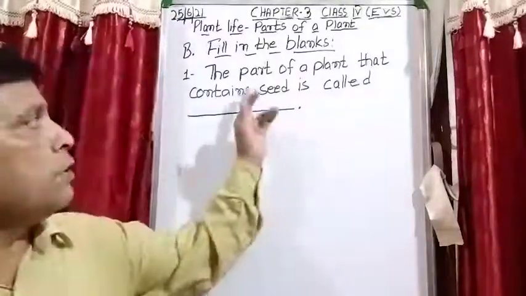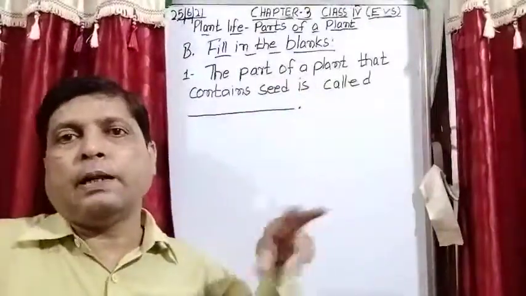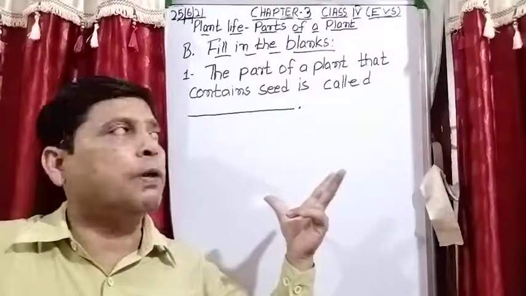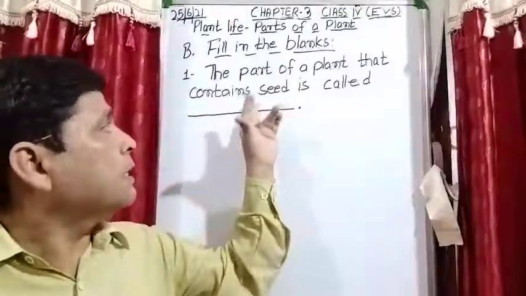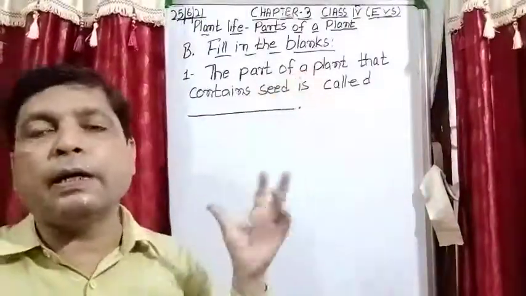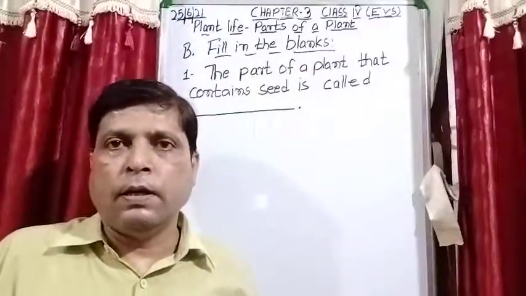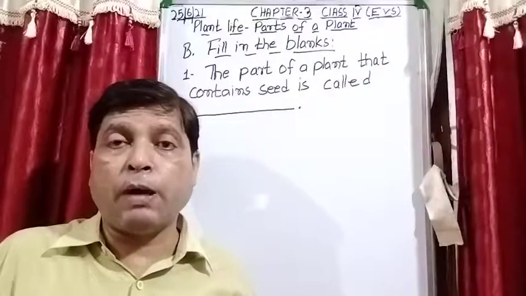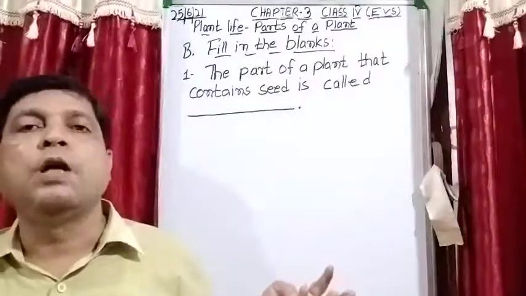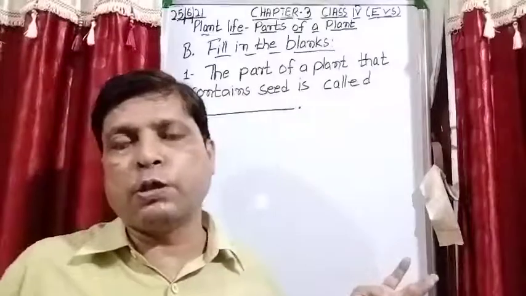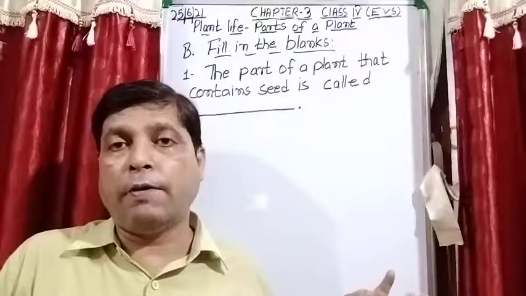Now it is asked in this question, you have seen many parts of the plant, all of which I have already explained to you in the beginning of the chapter. Now in this question it is asked which part of a plant contains the seed, where you will find seeds in the plants. When I explained the parts of a plant, I explained the shoot system: stem, branches, leaf, buds, flower, fruits.